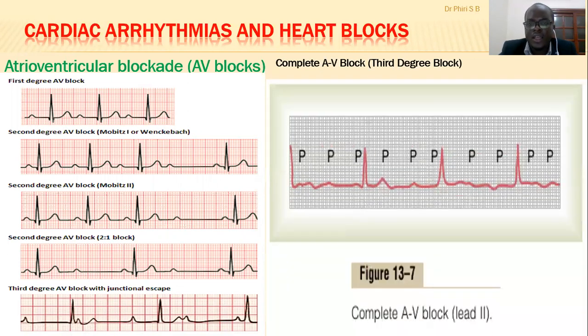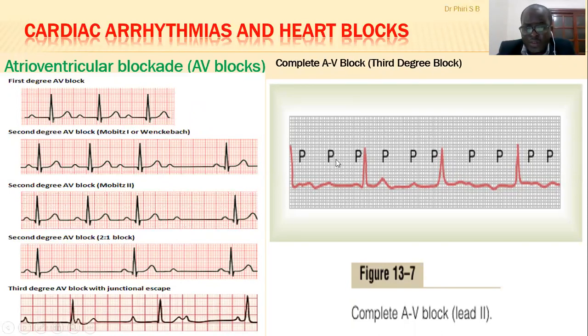Maybe just another EKG tracing for you to appreciate the third degree AV block. This diagram was gotten from Guyton. You can see these P waves: 1, 2, 3 P waves with 1 QRS complex, and here you only have 2 QRS complexes.